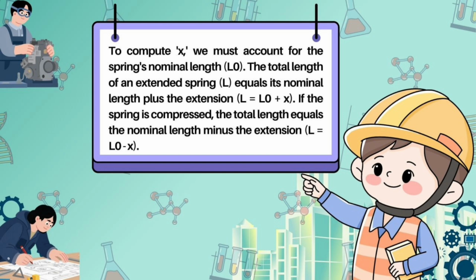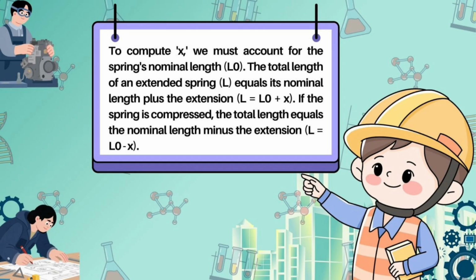Moreover, to compute x, we must account for the spring's nominal length. The total length of an extended spring equals its nominal length plus the extension. So, if the spring is compressed, the total length equals the nominal length minus the extension.